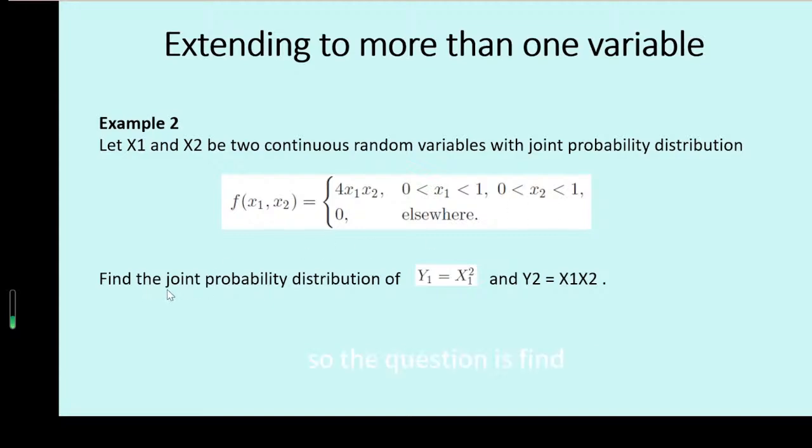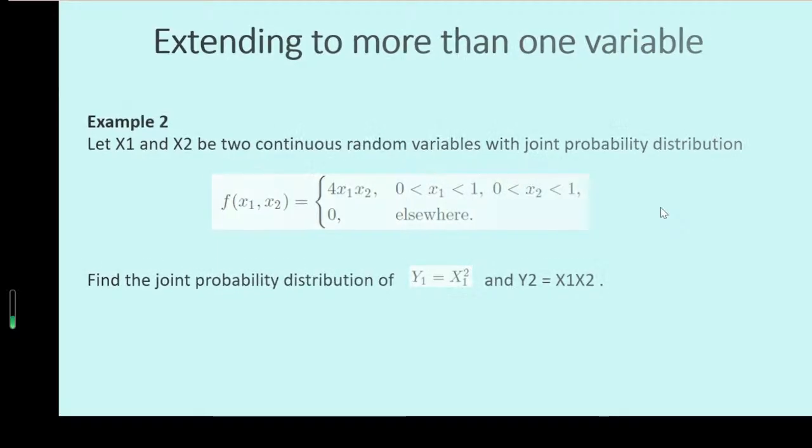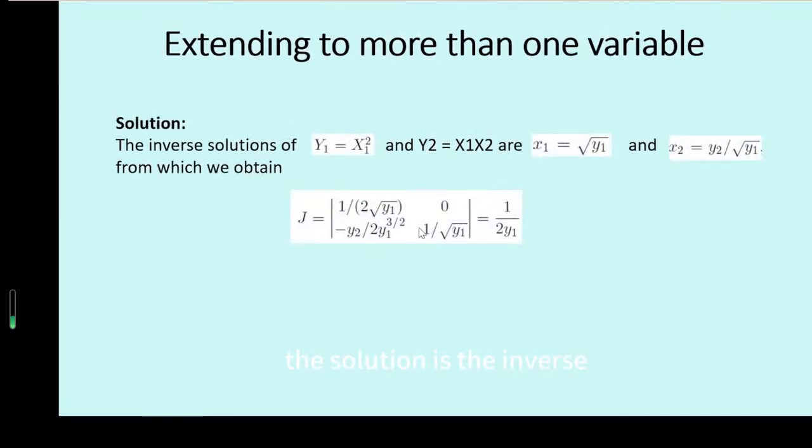The question is, find the joint probability distribution of y1 equals x1 squared and y2 equals x1 times x2. And the solution is, given y1 equals x1 squared and y2 equals x1 x2, the inverse functions we calculate are x1 equals square root of y1, and x2 equals y2 divided by square root of y1.